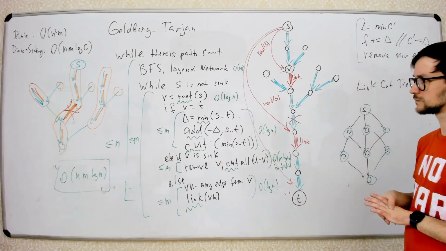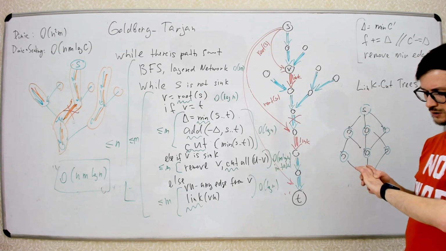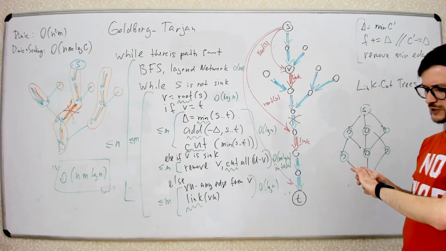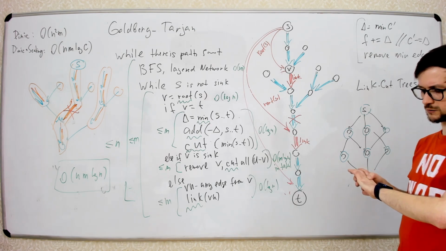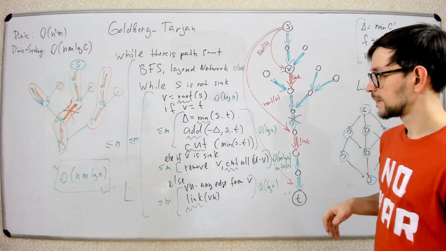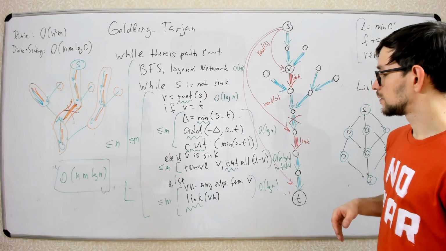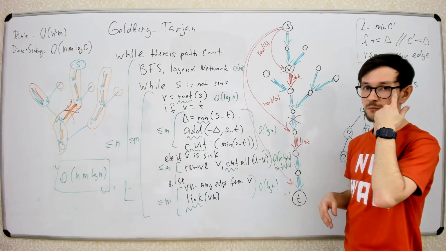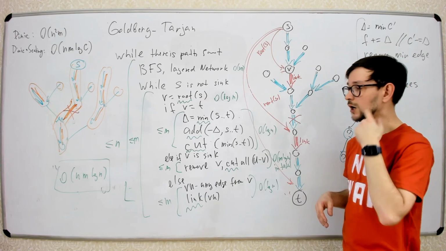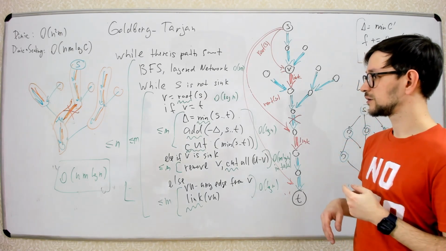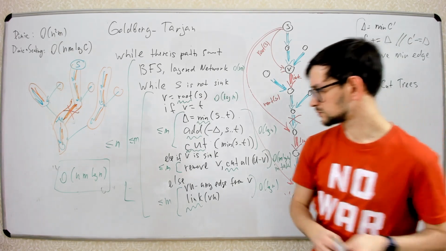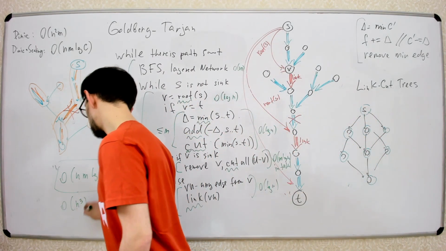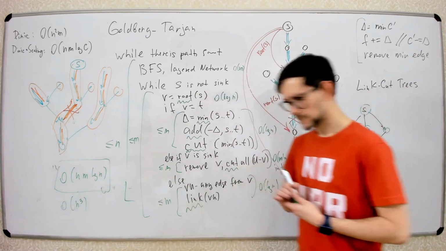Cool. I believe we don't have time to discuss the Malhotra-Kumar-Maheshwari algorithm. I'll just say there is another cool improvement of this algorithm, called the algorithm of Malhotra, Kumar, and Maheshwari, which runs in time n cubed.